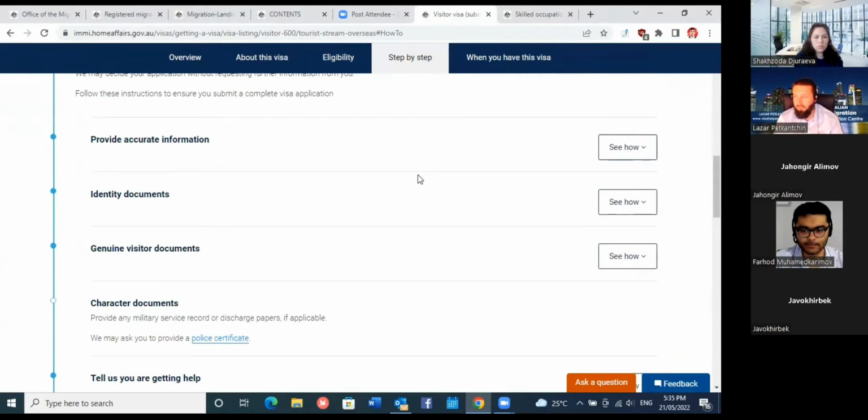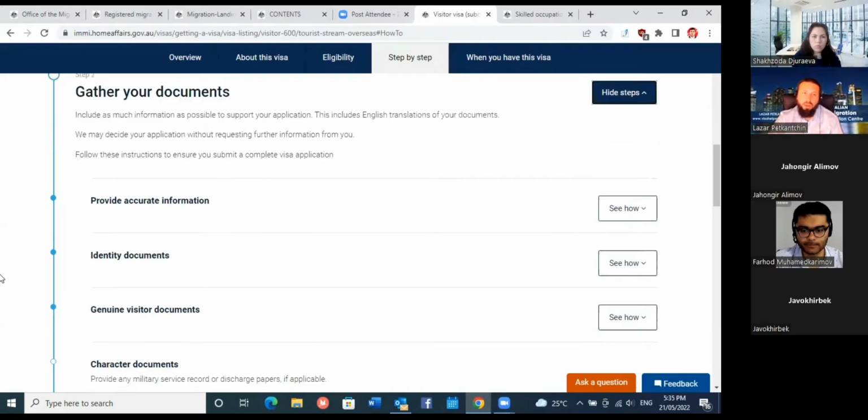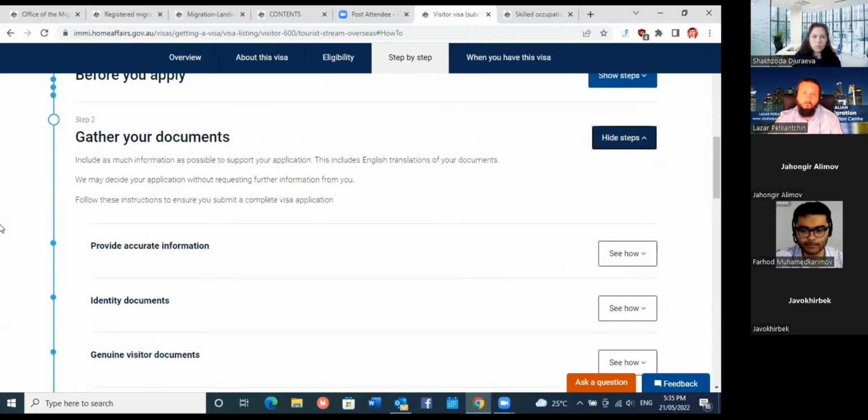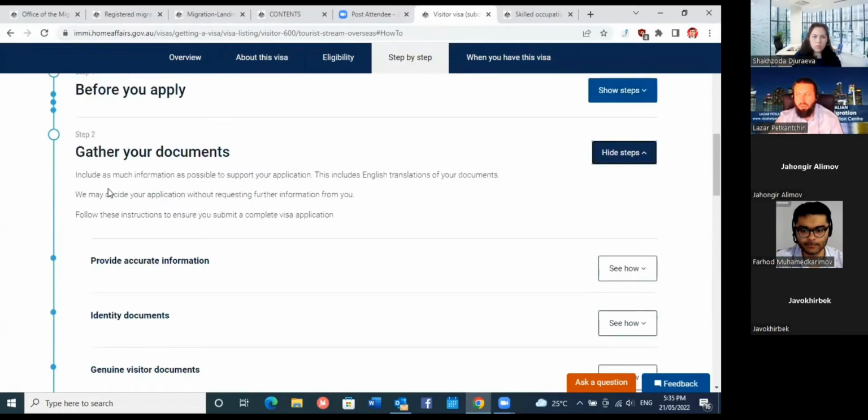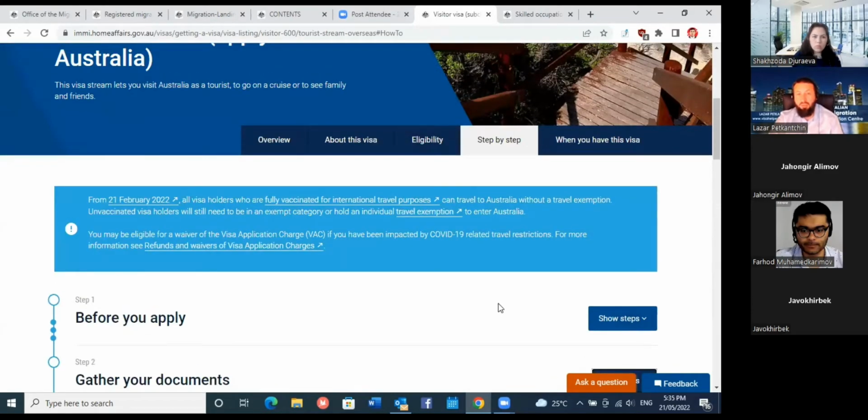If you have a different passport, if you have two nationalities, and you use your other nationality, it might be easier, or you might be able to apply for a different visa, which is quicker. But if you have an Uzbek passport applying from Uzbekistan, then you would probably need to provide more documents than the ones we see in here, so that you can have a good chance of getting the visa. Now, what documents would really depend on your situation. It's a little bit complex.